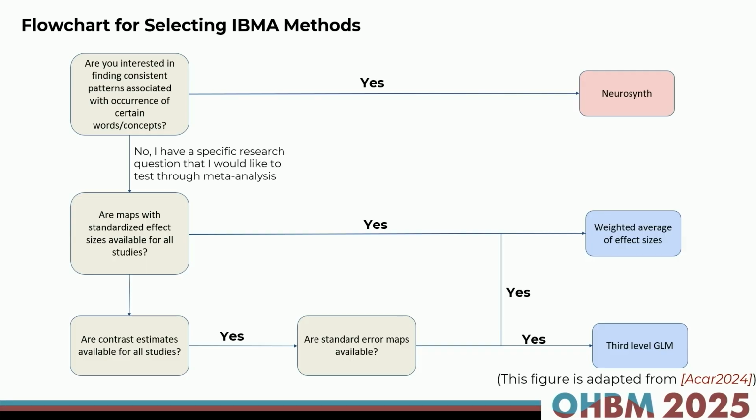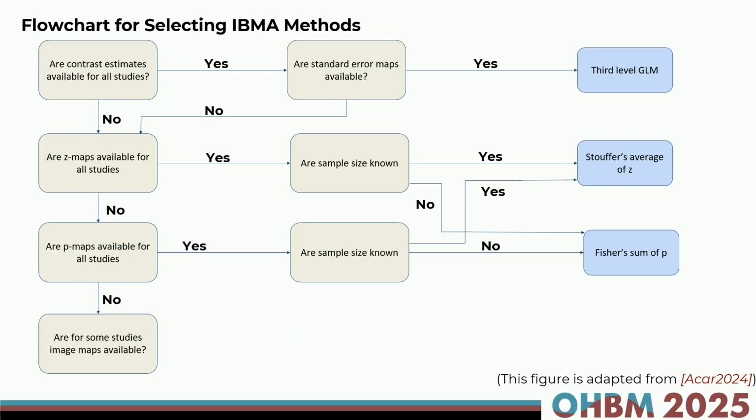And we can also look into whether the contrast estimates are available for all the studies, and whether the standard error maps are available. If the answers are both yes, we can do third level GLM. And are the Z maps available? And is the sample size known?